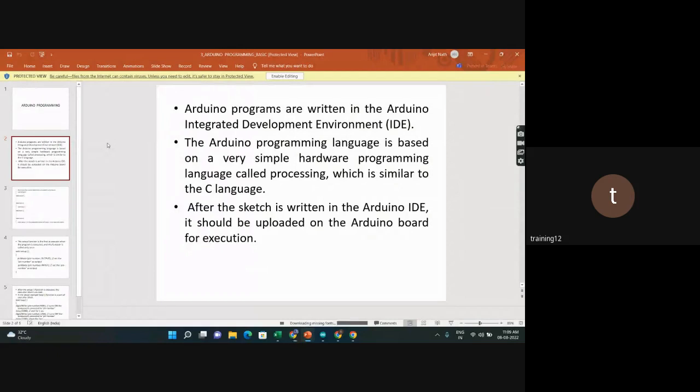You have to select the particular board for programming. Here we select the Arduino Uno board. The Arduino programming language is based on a very simple hardware programming language called Processing, which is similar to the C language. It is basically C language, nothing else, called embedded C. After the sketch is written in the Arduino IDE, it should be uploaded to the Arduino board for execution.